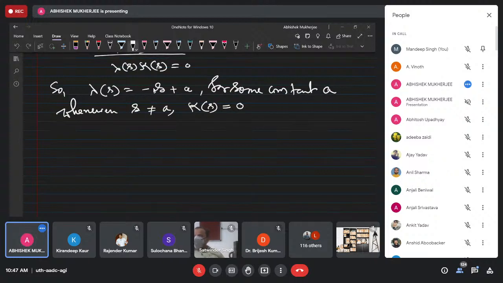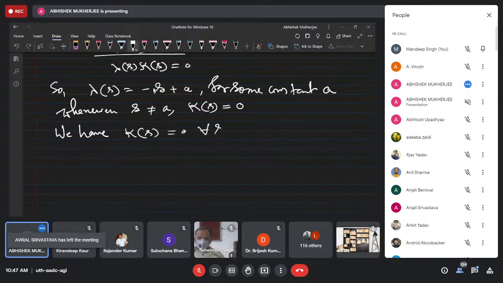By using the continuity of this function kappa, you can actually have this is going to be 0 for all s.